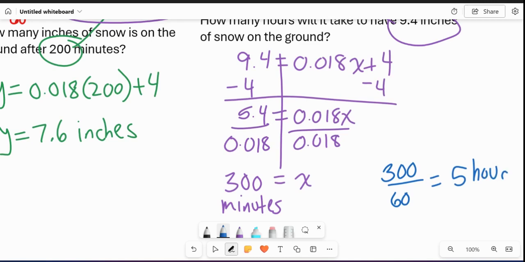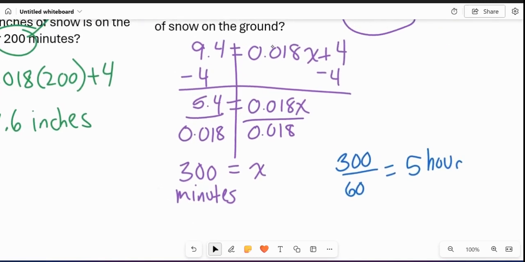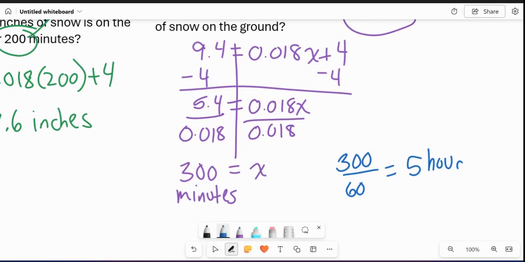So make sure you are answering the question correctly, and not just getting x as the final answer, but actually figuring out what the answer to the question is. So in that case, at 5 hours, there will be 9.4 inches of snow on the ground.